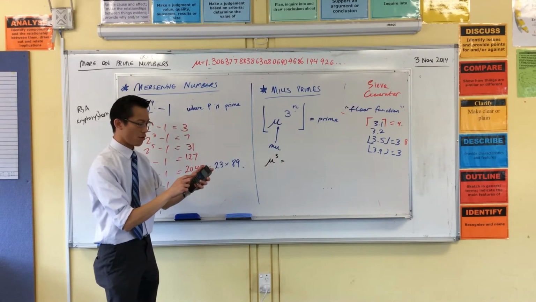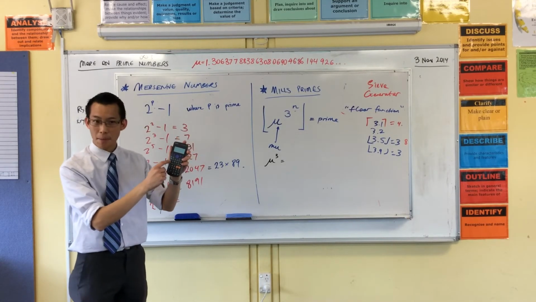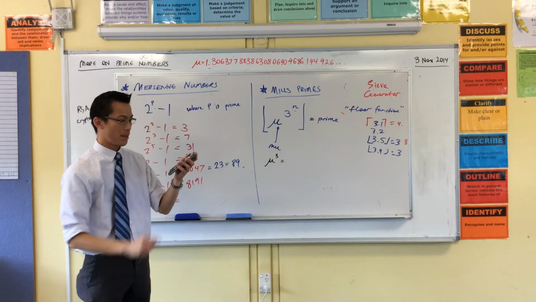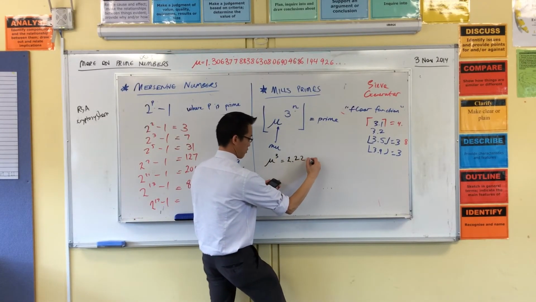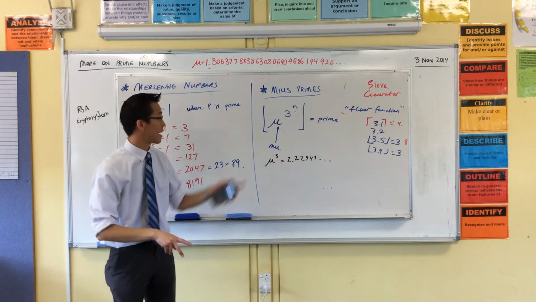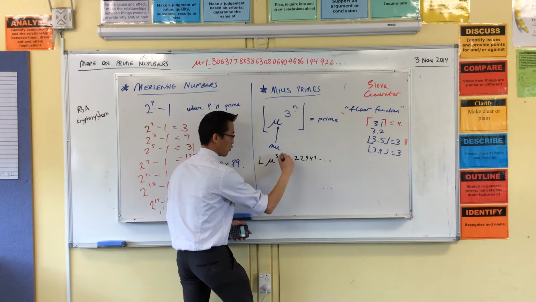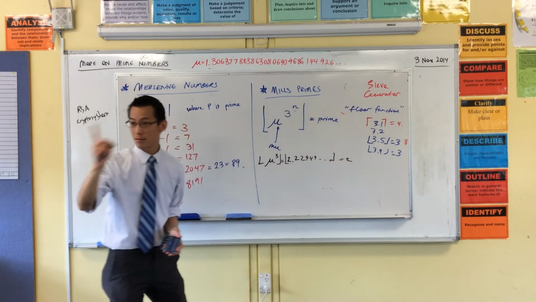I've got it on A, so you go alpha, the button with A, and then you cube it. Before I round it, I get 2.22949, but of course I want the floor function of that, which is equal to 2, which is prime.